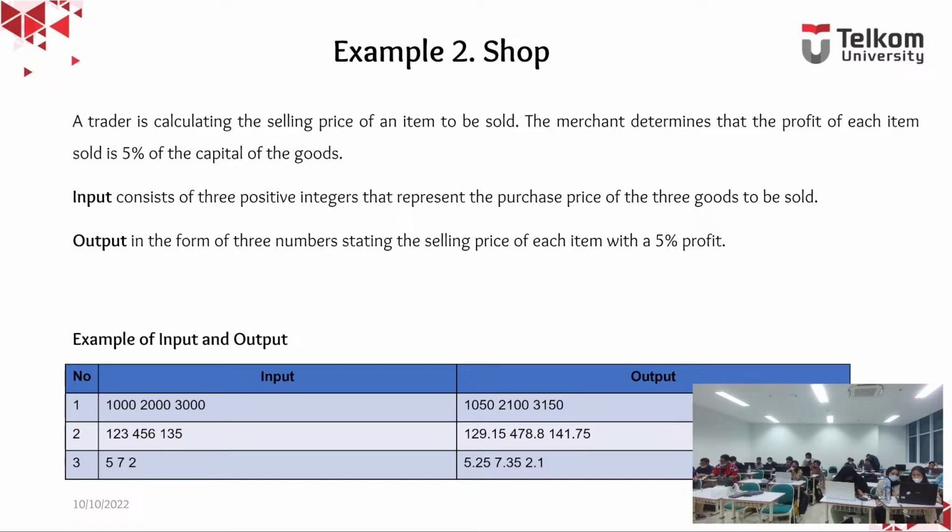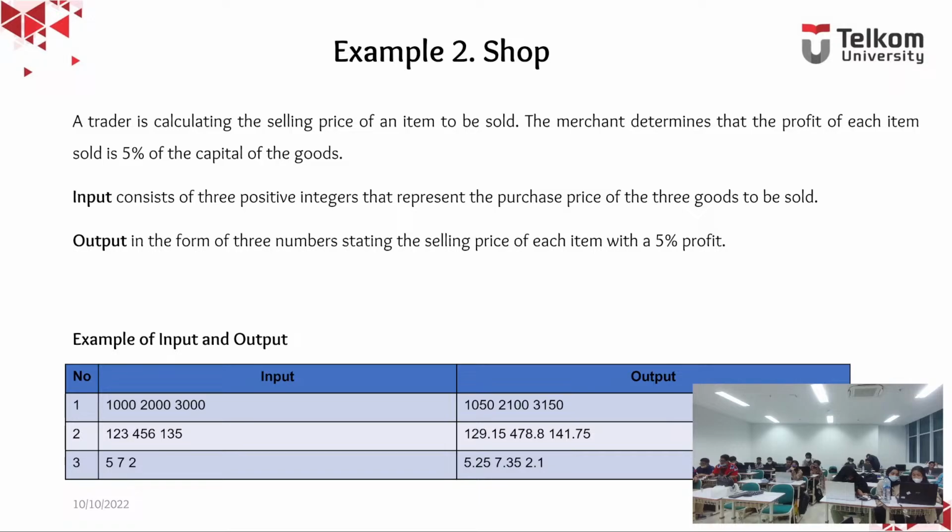This is a little bit more challenging than the previous exercise. What do you think about this ratio? What should be calculated from this question description? There is the original price at which the seller buys the food.